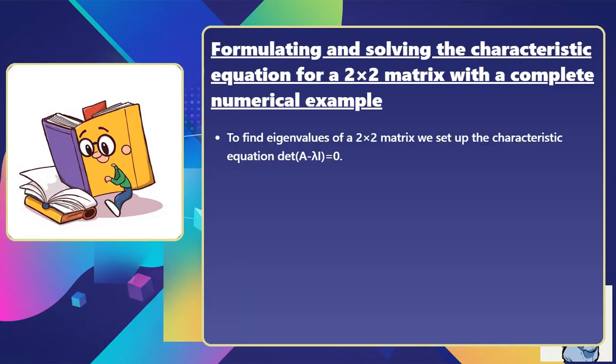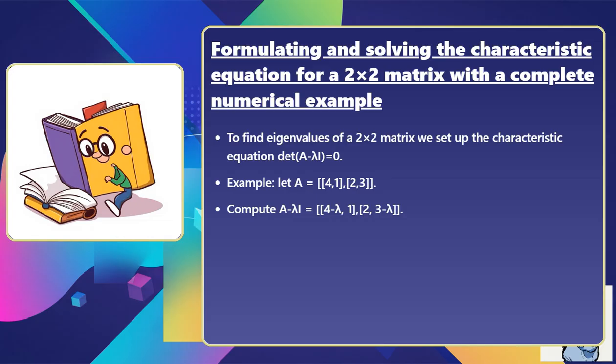To find eigenvalues of a 2x2 matrix, we set up the characteristic equation: determinant of A minus lambda I equals 0. Example: let A equals [4, 1], [2, 3]. Compute A minus lambda I equals [4 minus lambda, 1], [2, 3 minus lambda].